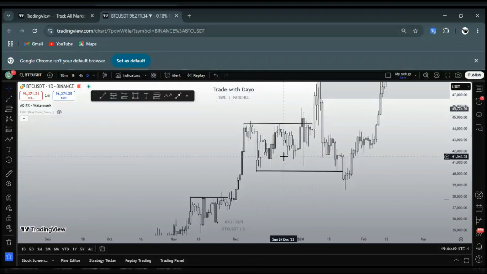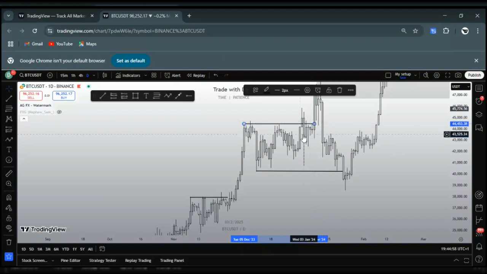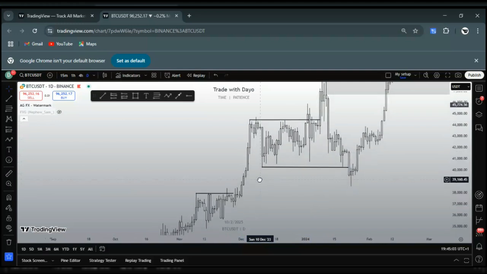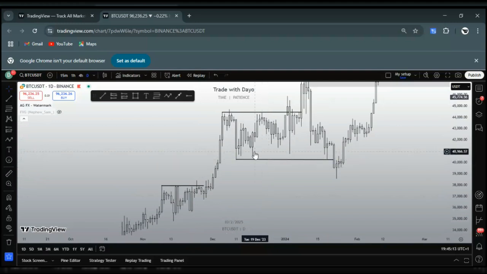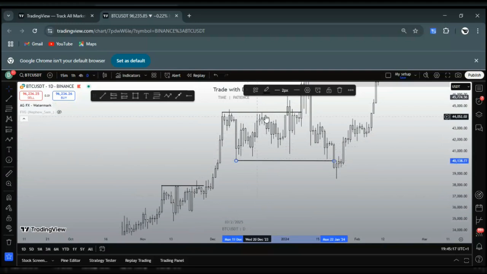We haven't even reached that stage yet, but in terms of inducement liquidity, it should break structure before you can refer to it as a valid liquidity, inducement liquidity.